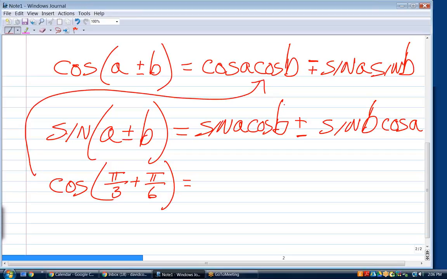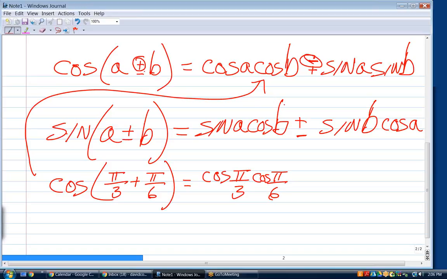So the cosine A times the cosine B. So cosine of pi over 3 times the cosine of pi over 6. And then what? Then plus or minus. Hold on. If it's a plus here, then it's a minus there.